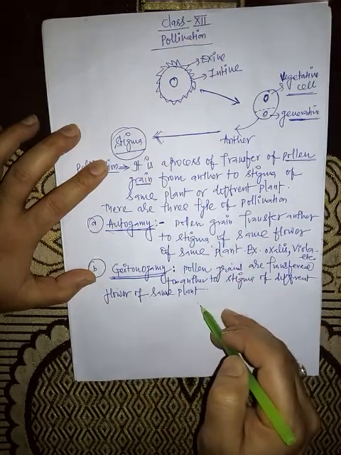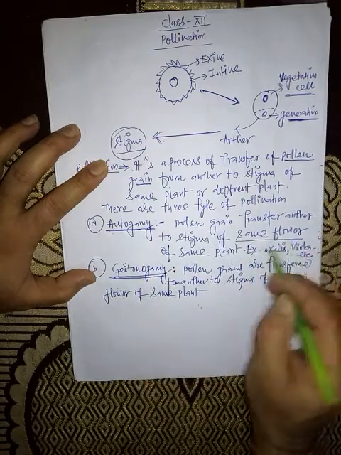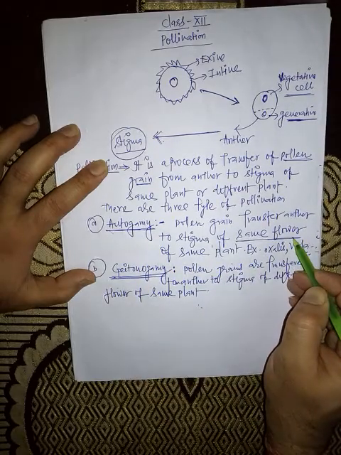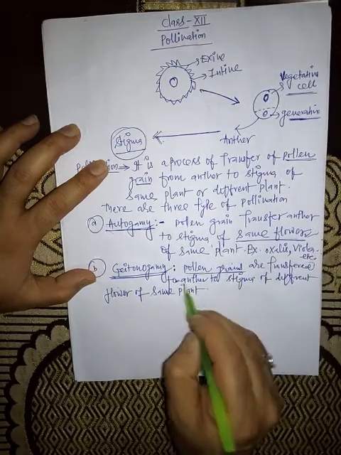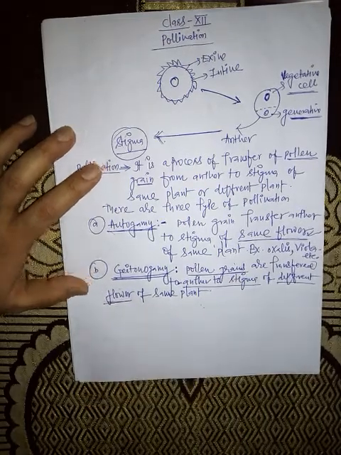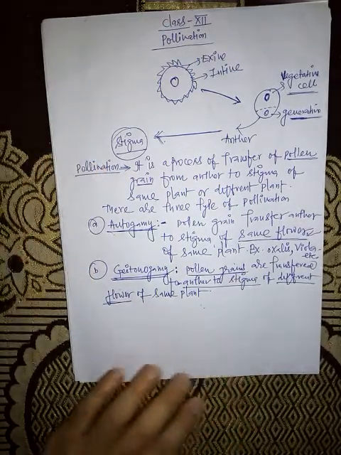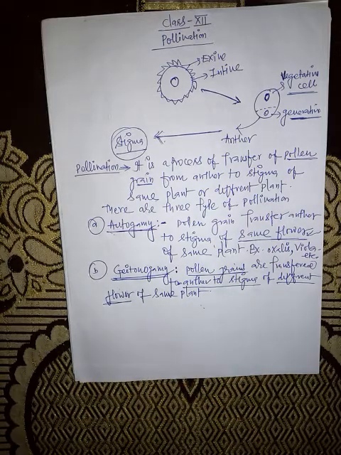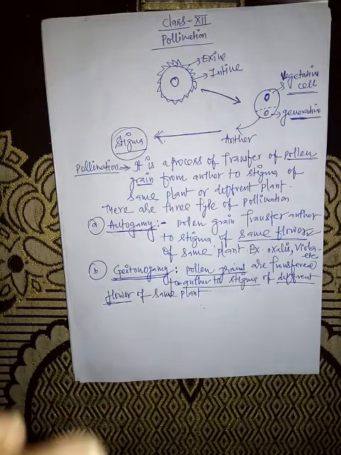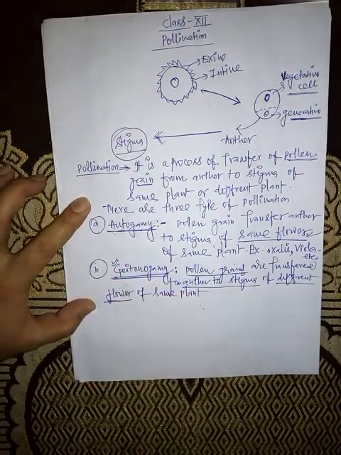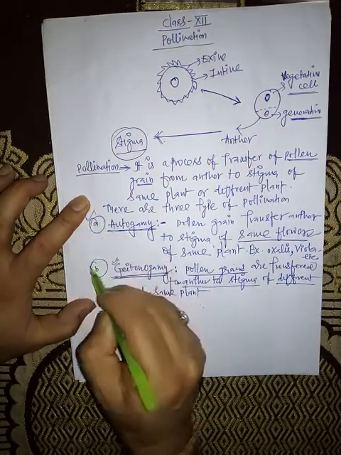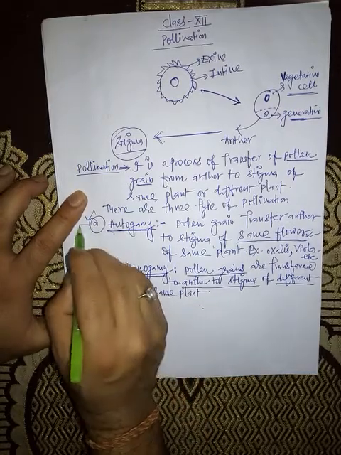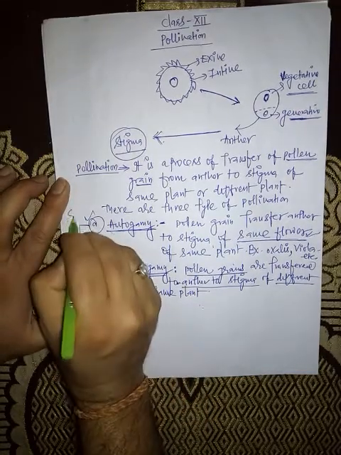In autogamy, pollen grains are transferred from anther to stigma of the same flower, but in this case the pollen grains are transferred from anther to stigma of a different flower. The plant is the same, but the pollen grain is transferred to a different flower of the same plant. So this type of pollination is called geitonogamy, right?